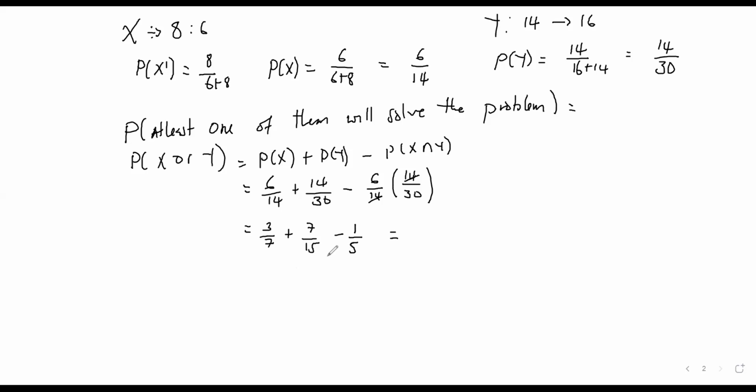So we can say this is 3 out of 7, plus 15 down, and then 7 minus 3, that is 3 out of 7 plus 4 out of 15. So we need to find the common denominator here.